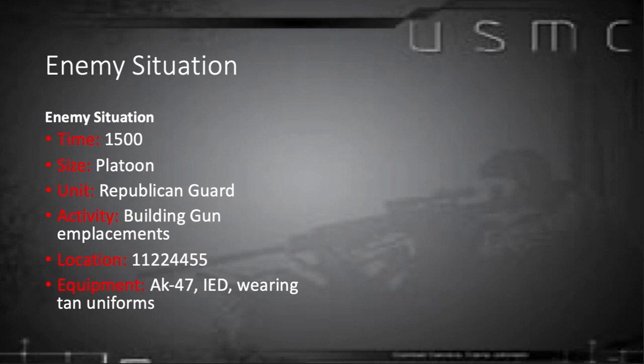Their location is at grid 11224455. I say again, 11224455. And you can see I repeated that twice. Anytime there's a grid, like we talked about in the orientation section, you have to repeat those numbers twice in case people are taking them down or somebody misses something.